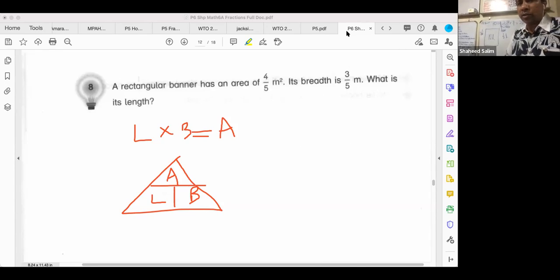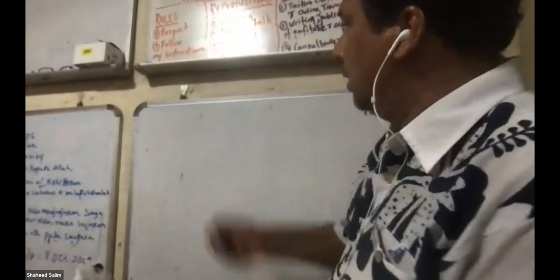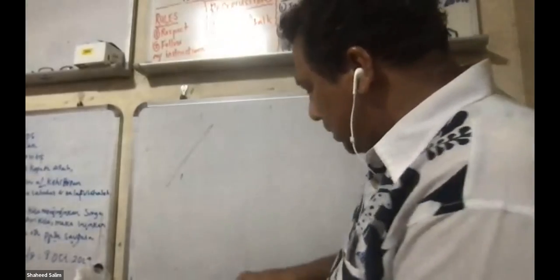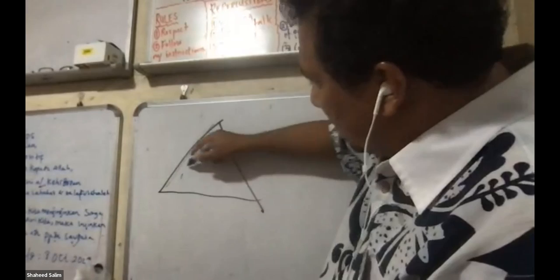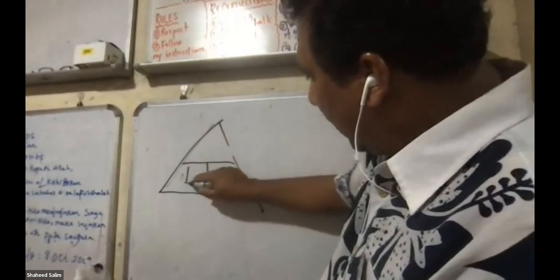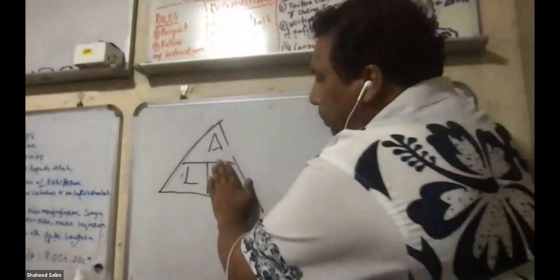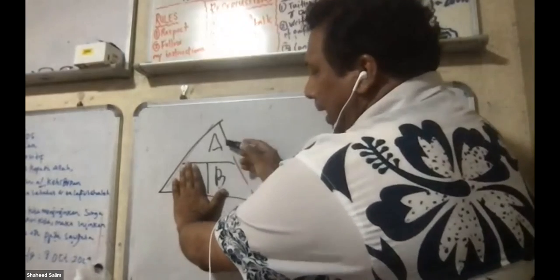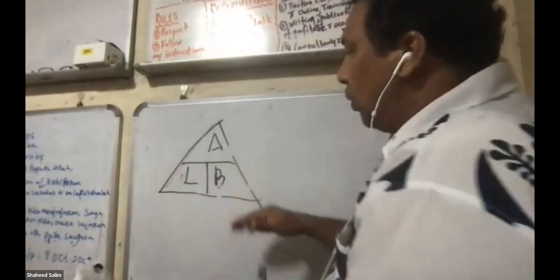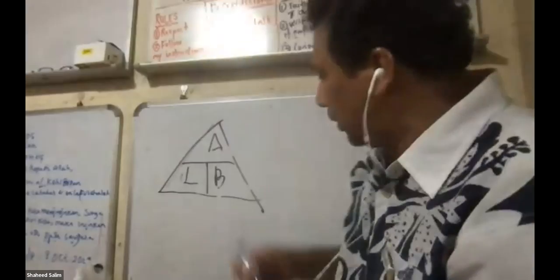Okay, so now let us look here. This is the triangle. You have to know how to use this triangle, because you'll be using it in P6, in Sec 1, and so on. Length times breadth equals area.